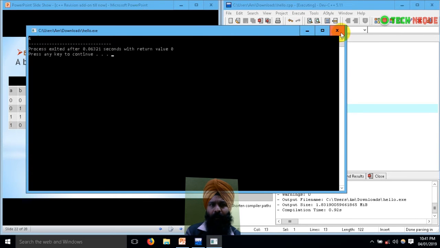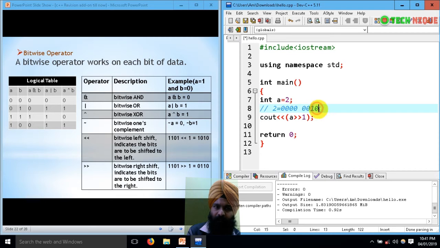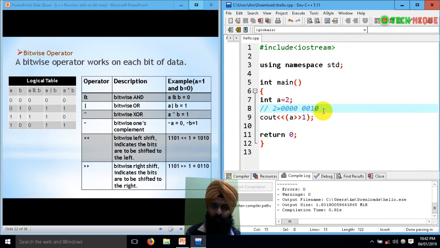So it's a 4. Now if I do a right shift by 1, it means the 1 is going to be moved to the right hand side. So this is going to be placed over here, so here we are having a 1. So now we have a 1 as output.